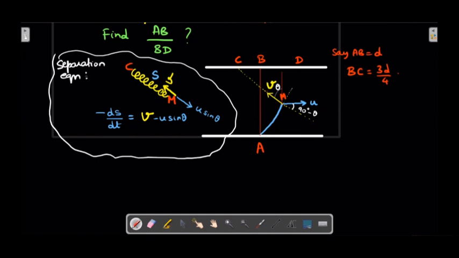And you do the integral and all that stuff. So minus ds when you integrate should be equal to v into capital T minus u out of integration of sine theta dt from 0 to t. When time is 0, what was the s value, please, everyone?